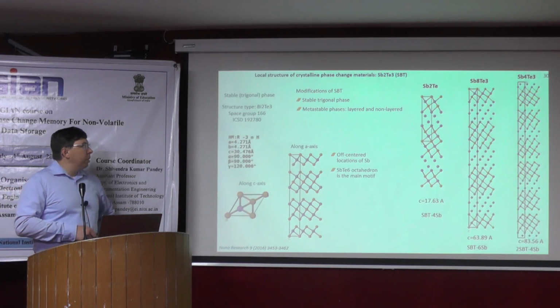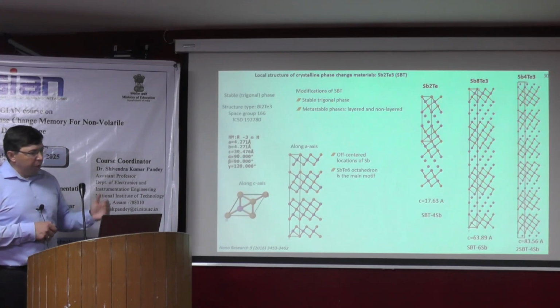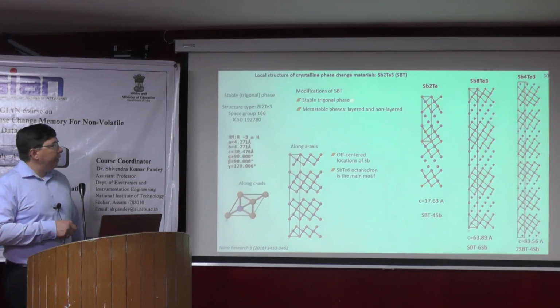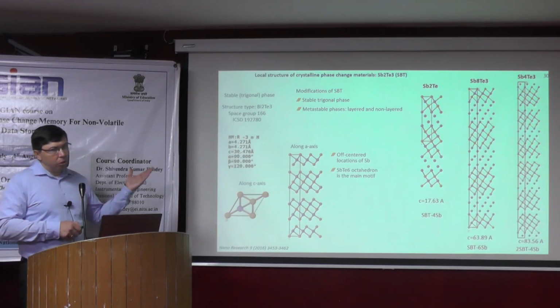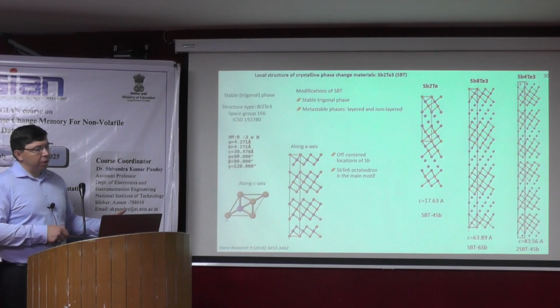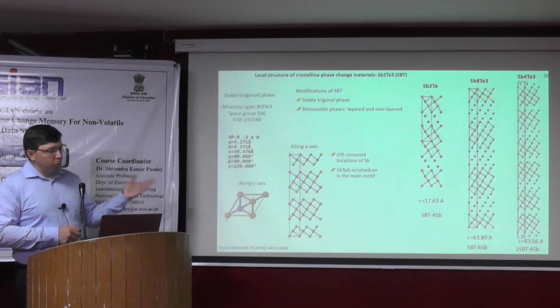But in this system, this is the stable trigonal phase. In thin films of this antimony telluride system, there are also reports on the formation of layered and non-layered structures. The non-layered structure is similar to the cubic GST225, and the layered structure is similar to the vacancy ordered GST225 system.